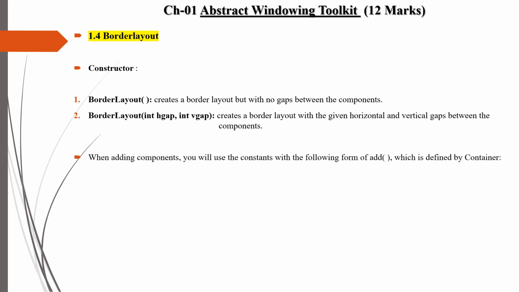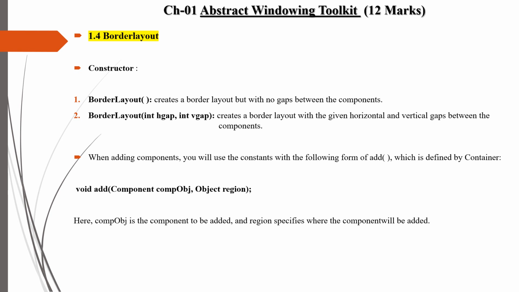When adding a component, you will use the constant with the following form of the add method, which is defined by the container. The general form of the add method: in brackets we pass two parameters, the object of the component and the object of the region. Region means the constants, that are BorderLayout.EAST, BorderLayout.WEST, BorderLayout.SOUTH, BorderLayout.NORTH, and BorderLayout.CENTER.